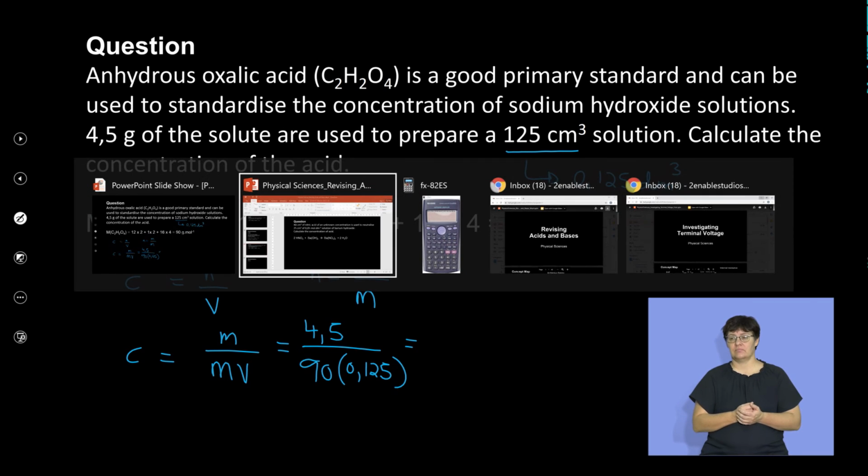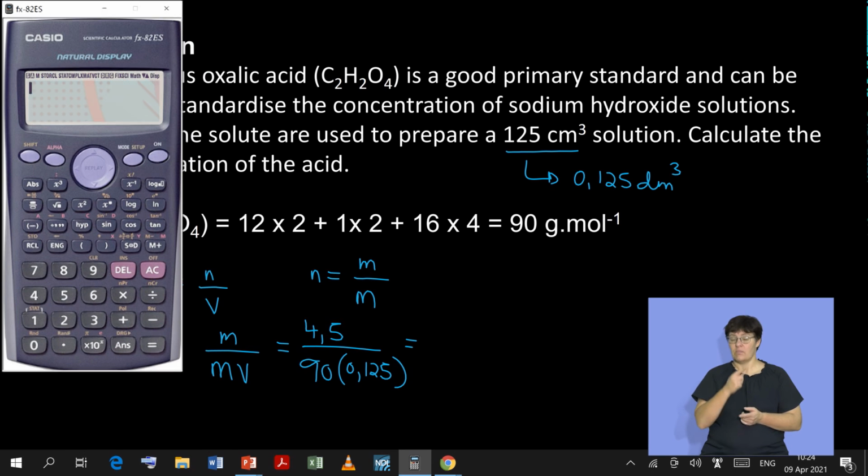So from there, we can go to our calculator and say 4.5 divided by 90 multiplied by 0.125. This gives us 0.4 moles per cubic decimeter.